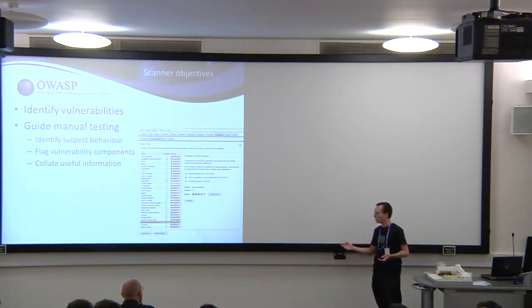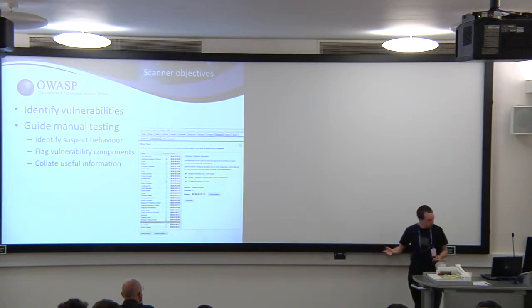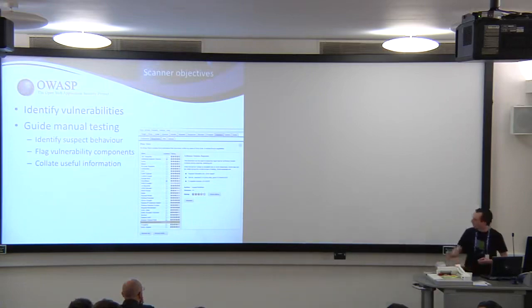You would start to look at things like guessing parameter names and the like. So there's the software version reporter extension currently in Burp, which does that.